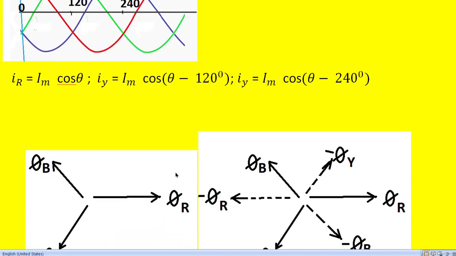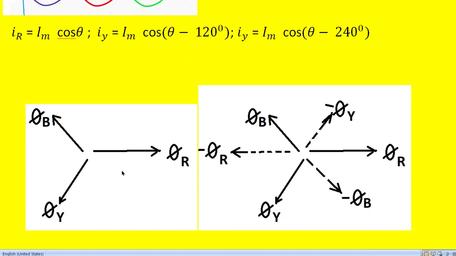Then we can show their respective fluxes like this. So this is the positive direction of the R phase flux, this is the positive direction of the Y phase flux, and this is the positive direction of the B phase flux.